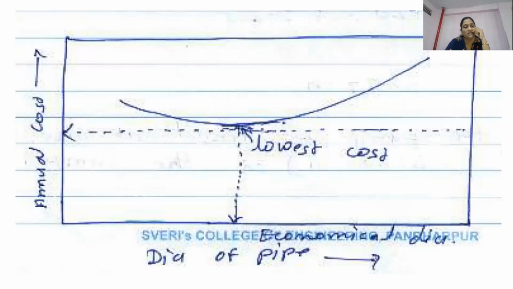This figure demonstrates the exact meaning of economical diameter of pumping main. On the x-axis we take the annual cost, and on the y-axis the diameter of the pumping main. We take an optimal diameter which will save our cost as well as give better results in the form of discharge.